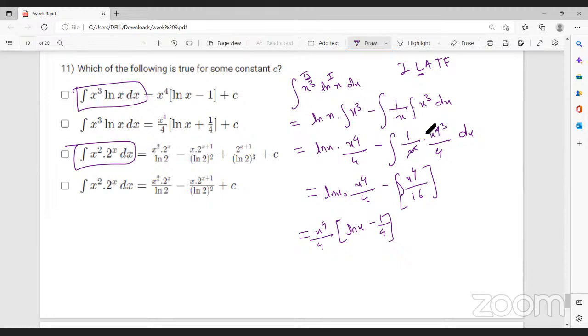No, we have taken the derivative of the first function, 1 by x, then the integral of the second function, x cube. So 1 by x into the integral of the second function, x to the power 4 by 4. x will get cancelled, that's x cube by 4. The integral of x cube is x to the power 4 by 4, and 4 into 4 will get 16. If I put common, I will get this. Correct, sir. Yes, sir, it's right.